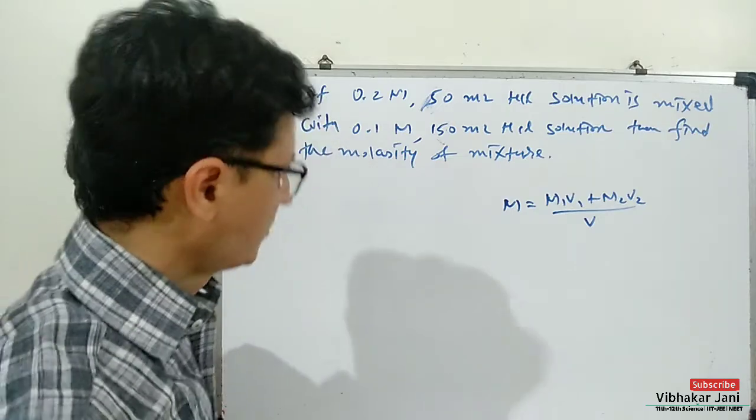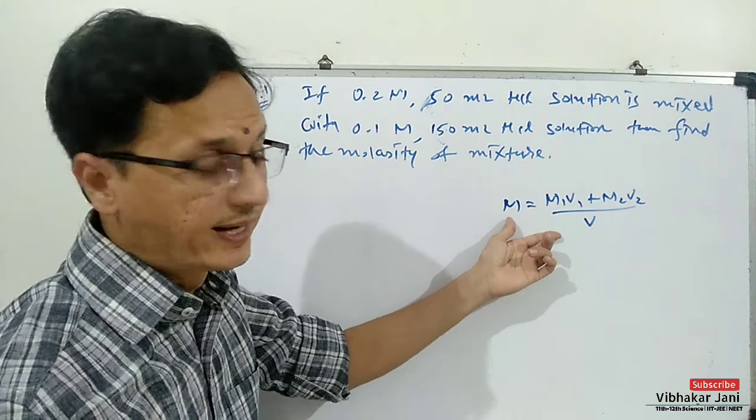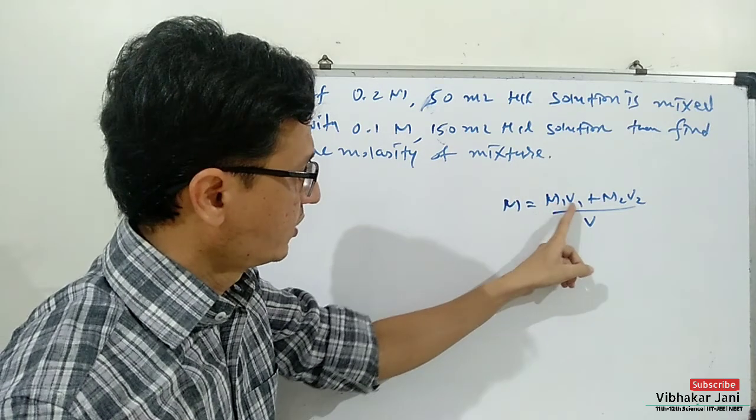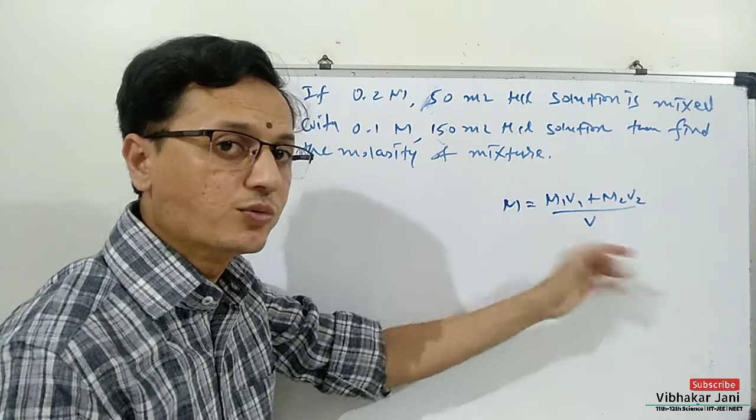Now this is the question regarding molarity of a mixture. So we will apply this formula, and in this formula the molarity of two different solutions and their volumes as well as the total volume is needed.